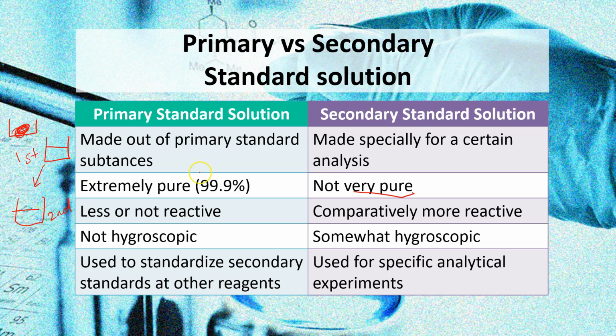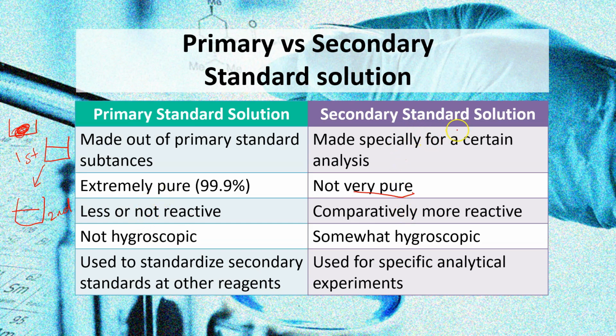Next, since the primary standard solution is extremely pure, it is less reactive or not reactive with the analyte or unknown solution, because the concentration of the primary standard solution is very high compared to the unknown or analyte solution.